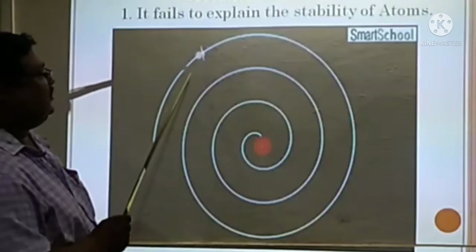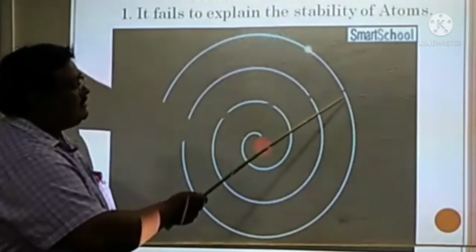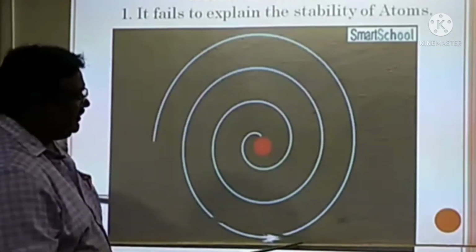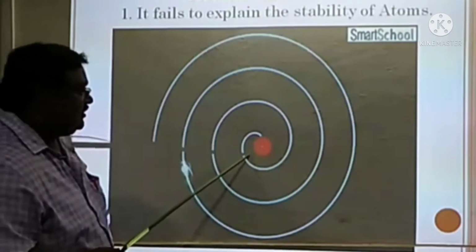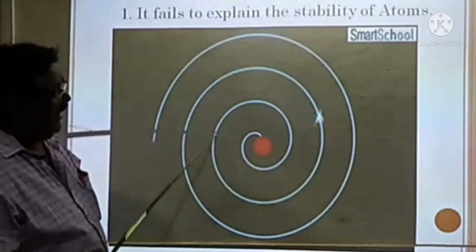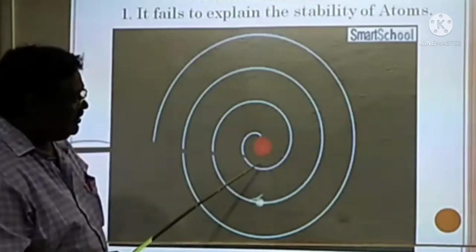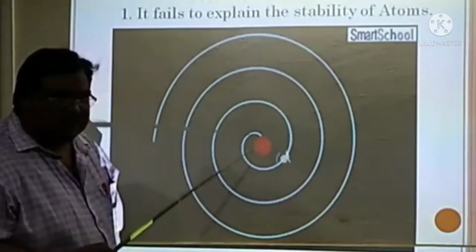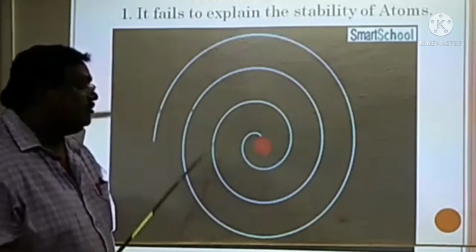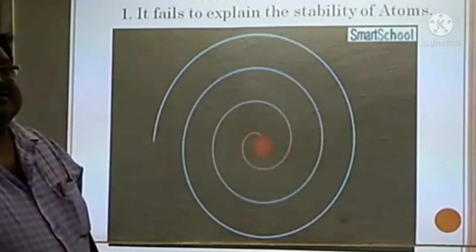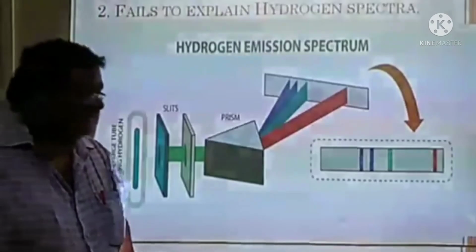You can see here, this is the electron revolving around the nucleus. It should be gradually attracted towards the nucleus, follow a spiral path, come closer and closer, and ultimately collapse into the nucleus. However, most of the atoms are highly stable.